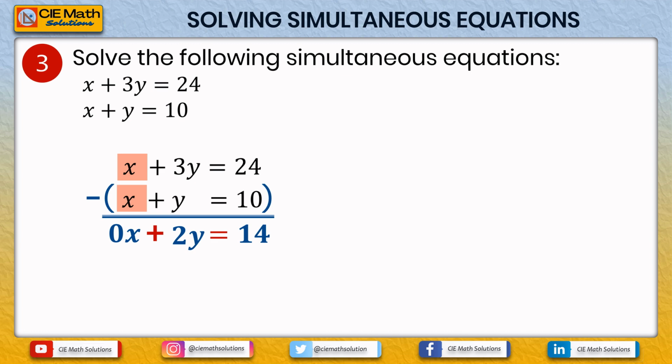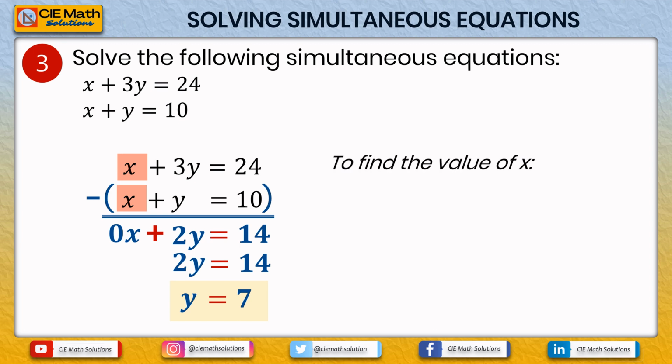Simplifying, we will then have 2y is equal to 14. Dividing both sides by 2, we will then have y equals 7. The value of y then is 7. To find the value of x, we will just substitute the value of y that we got into any of the two equations. I would recommend to substitute it in the simpler equation or the equation with smaller coefficients.